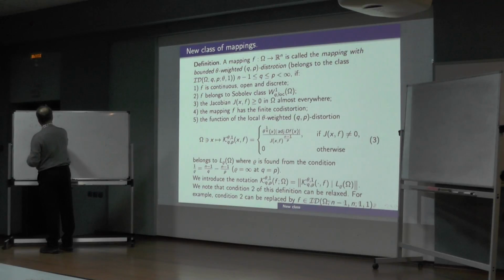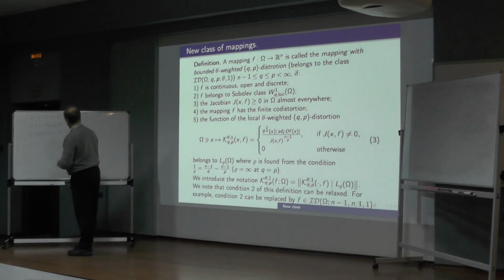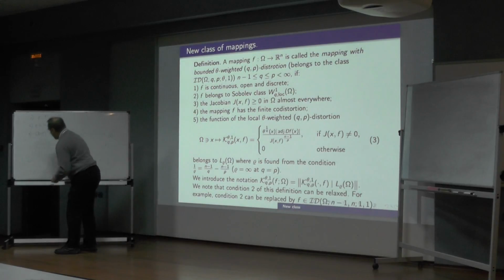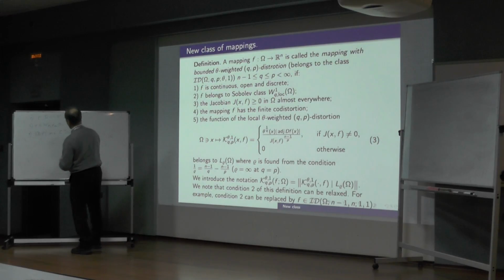It belongs to the Sobolev space W1 log omega, and we have the inequality between the norm of the differential to the power n and the Jacobian. It is not supposed to have some topological properties for the mapping phi.